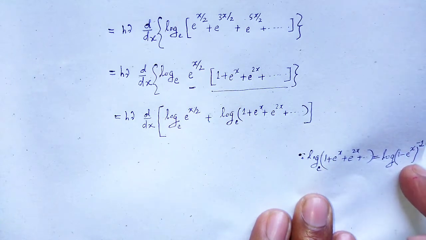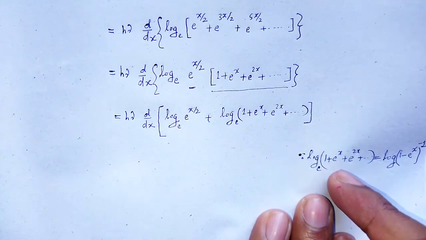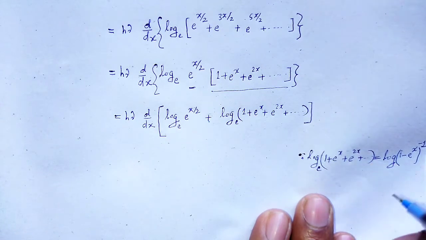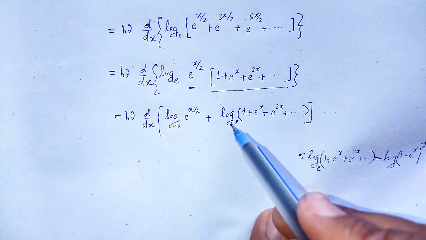When we expand binomially, we obtain that term 1 plus e to the power x plus e to the power 2x like this.